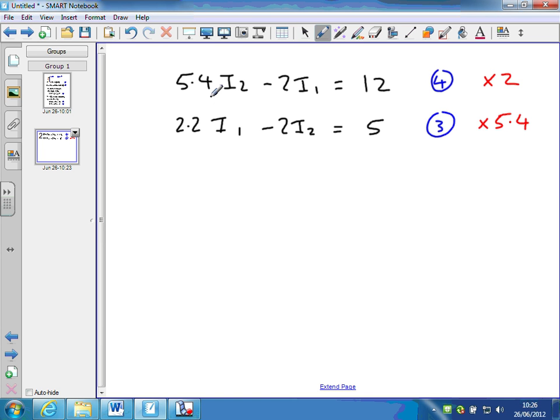So equation 4 multiplying by 2: 10.8 I2 minus 4 I1 equals 24. Let's call that equation 5.